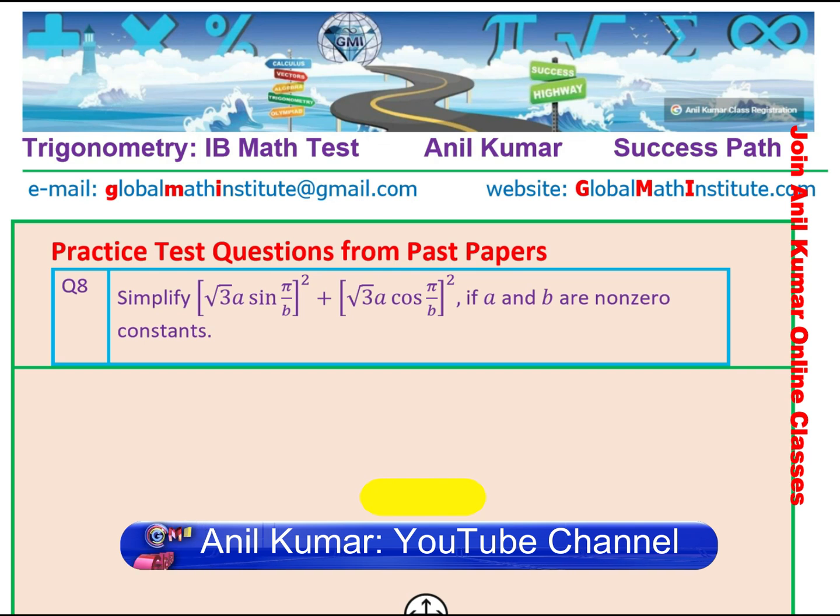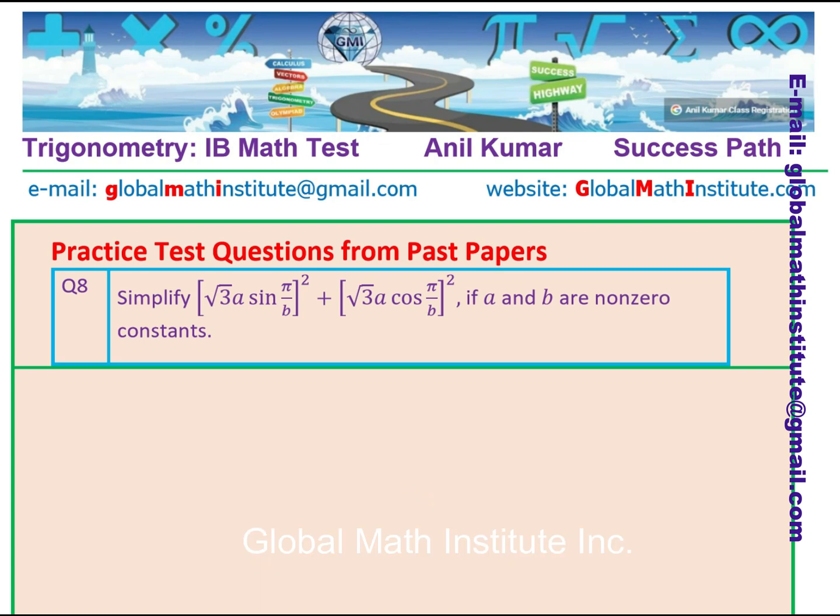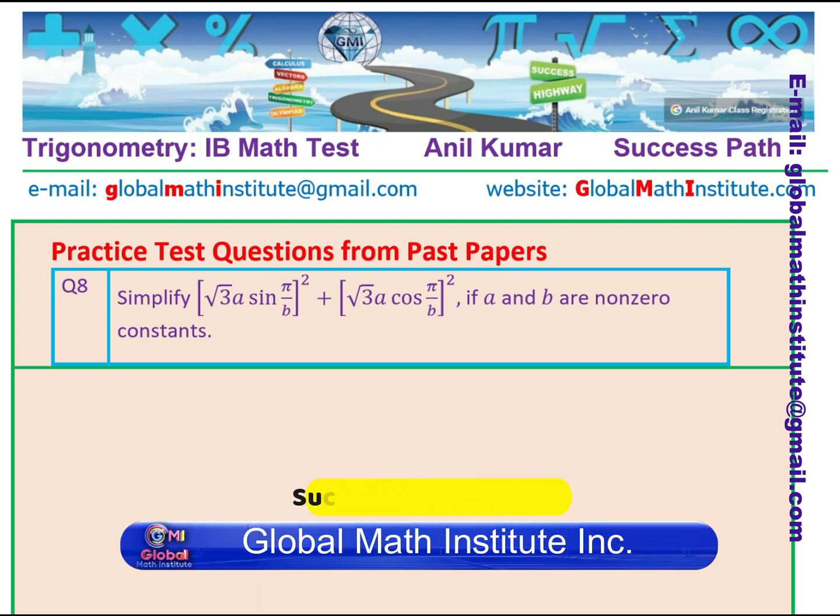Now, let's begin with question number 8, which is kind of an identity. It says, simplify (√3 a sin(π/b))² + (√3 a cos(π/b))², if a and b are non-zero constants. So does that remind you of something?